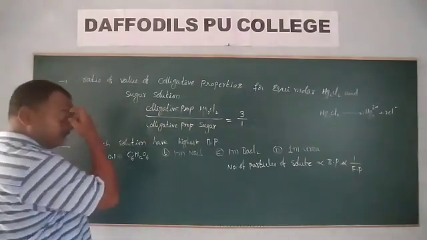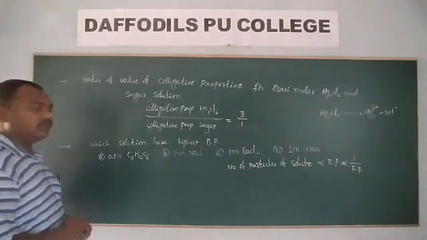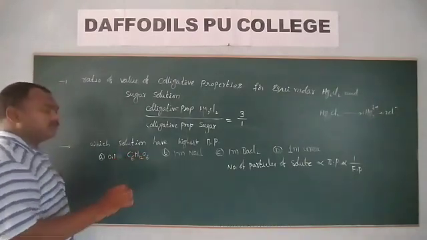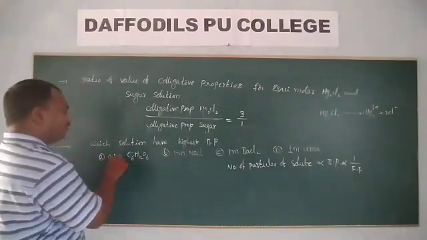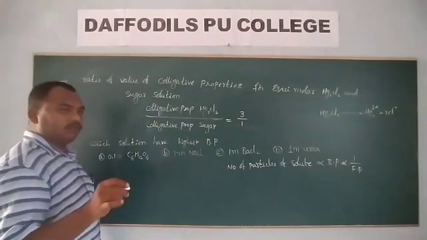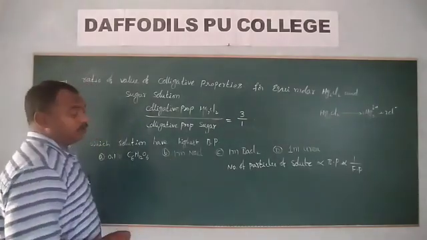So look at all these things. Glucose does not undergo any dissociation or association, so the number of particles remains the same: 0.1 molar glucose has 0.1 moles of particles. Look at sodium chloride.